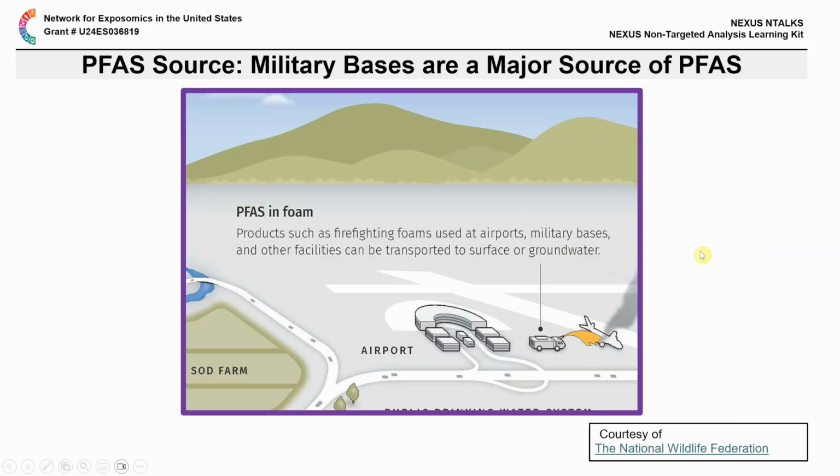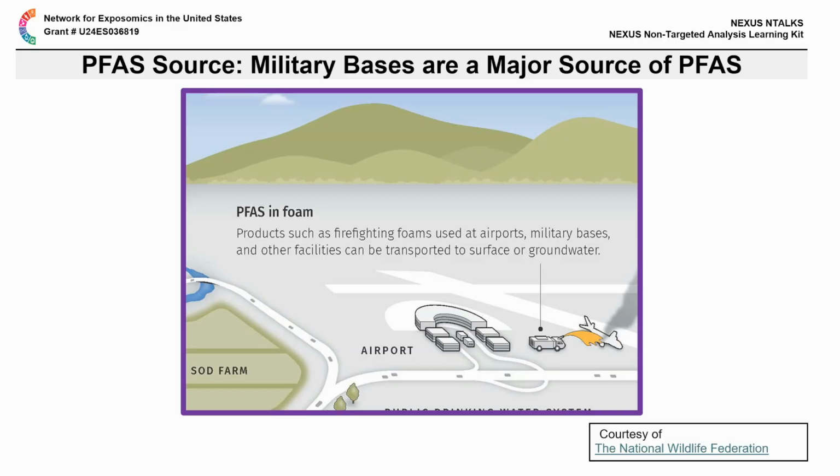So let's start with airports. These can be a major source of PFAS and create local hotspots. So there are hotspots, even though PFAS are found everywhere. There are places where people are exposed at much higher levels, and the health effects that they experience can be much more significant. So PFAS, for example, in firefighting foam, is very high.